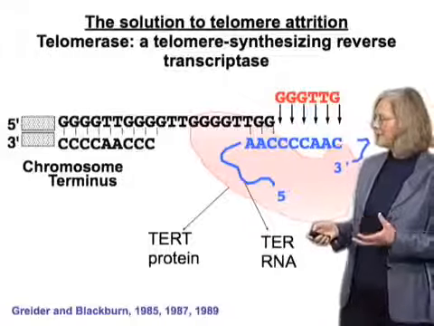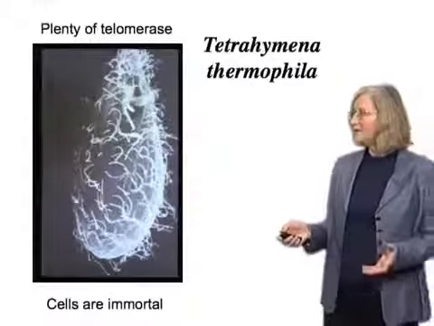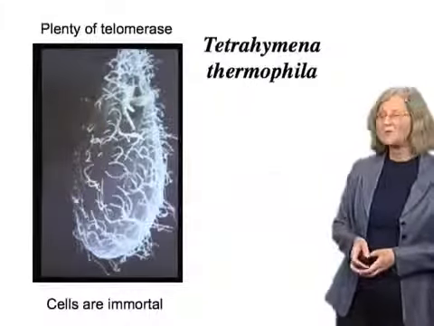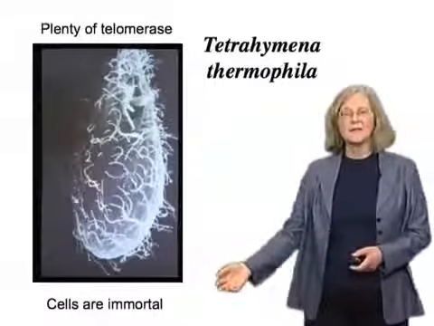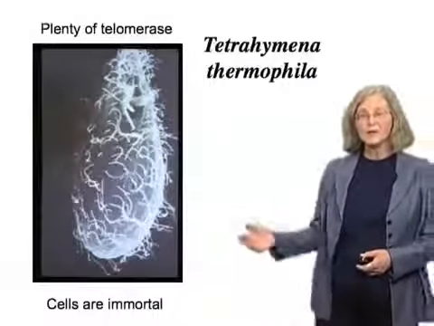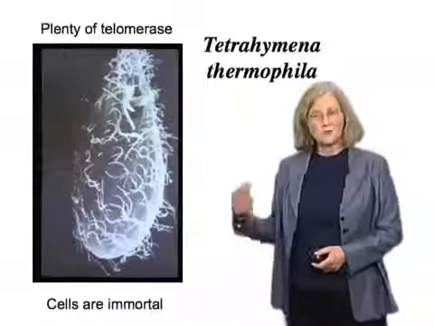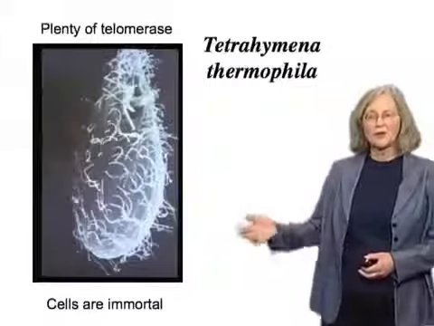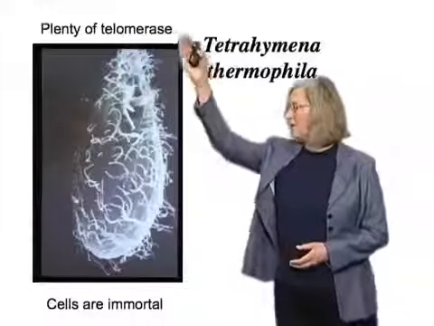And so the question was, what happened if it couldn't do that? So we looked in Tetrahymena, which, as I said, was a good source of telomerase. And another feature of these organisms that I didn't tell you was that if you grow them in culture in the laboratory, they're effectively immortal. So long as you keep them fed and under good conditions, they could just propagate and propagate and propagate seemingly forever. And they have plenty of telomerase.